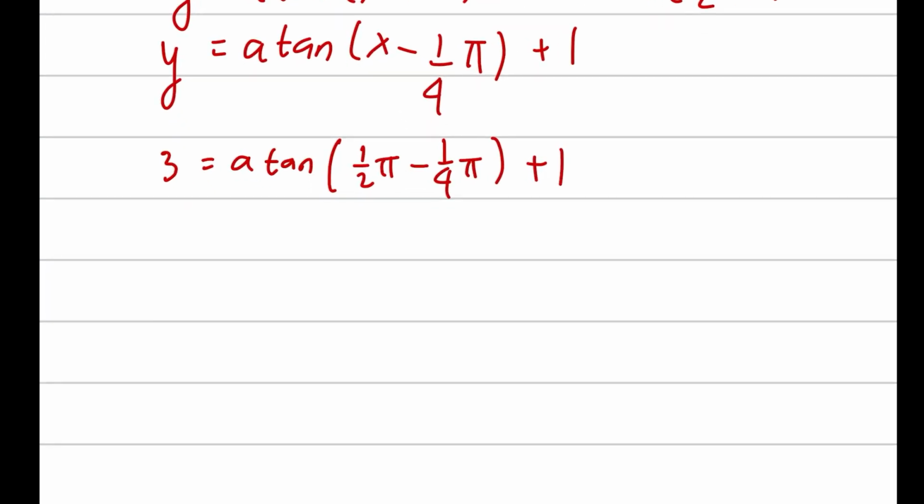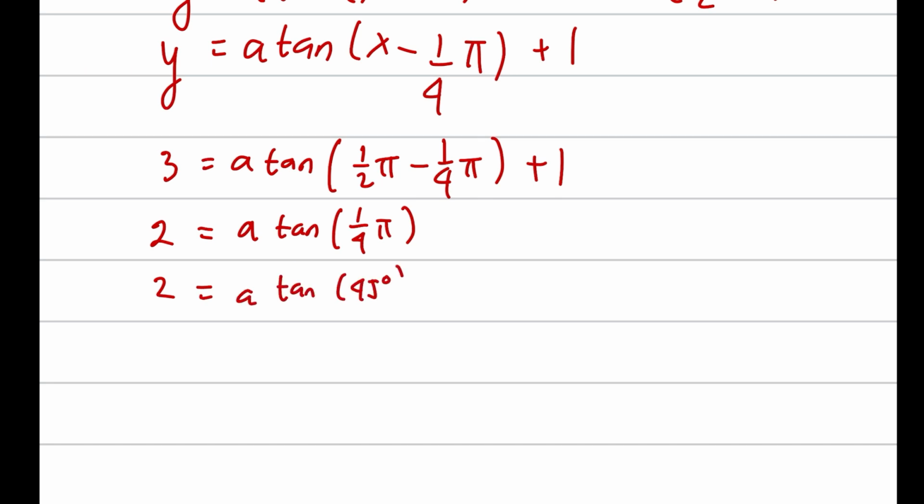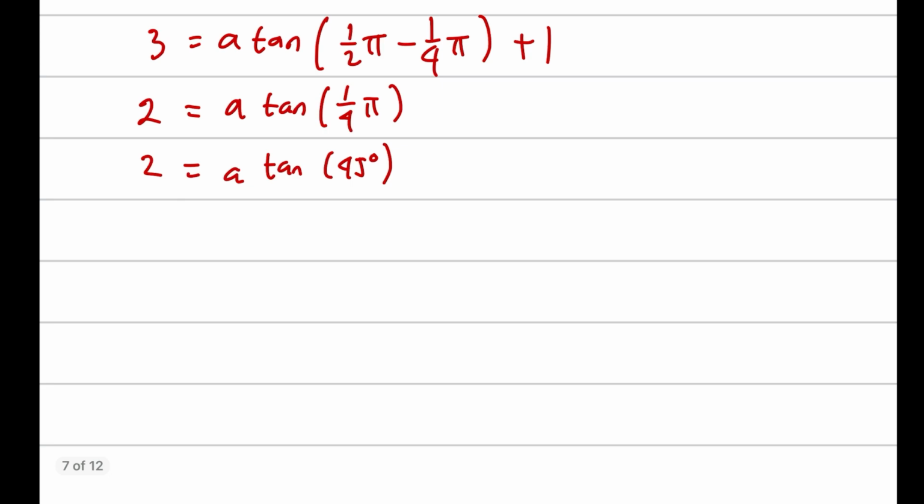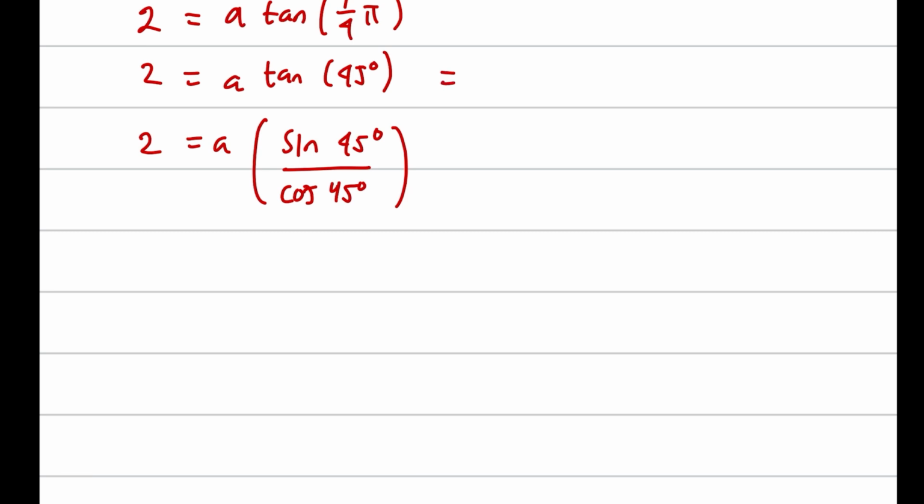So we can subtract both sides by 1: 2 equals a tangent 1 over 4 pi. And we know that tangent 1 over 4 pi is the same as tangent 45 degrees. For tangent 45 degrees, you can use sine over cosine if you don't know the value, or you can use a calculator.